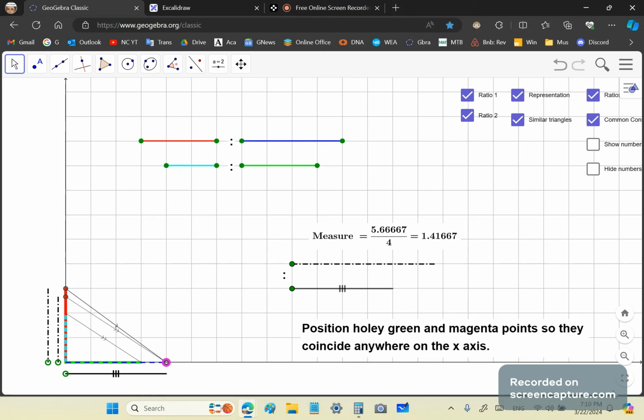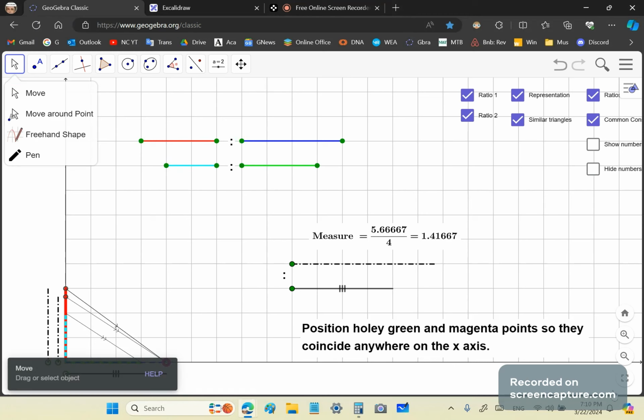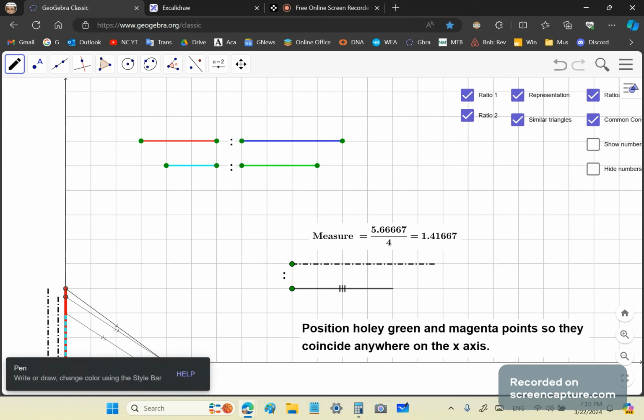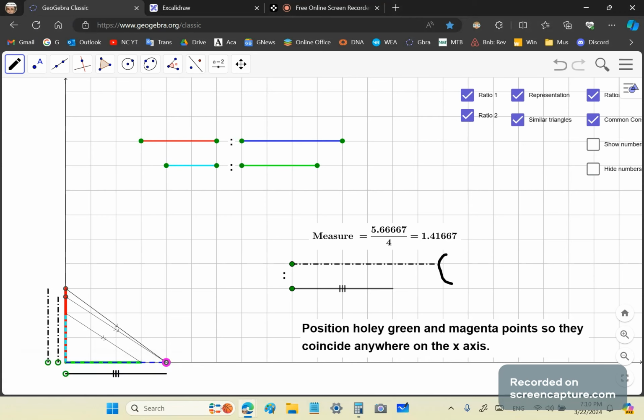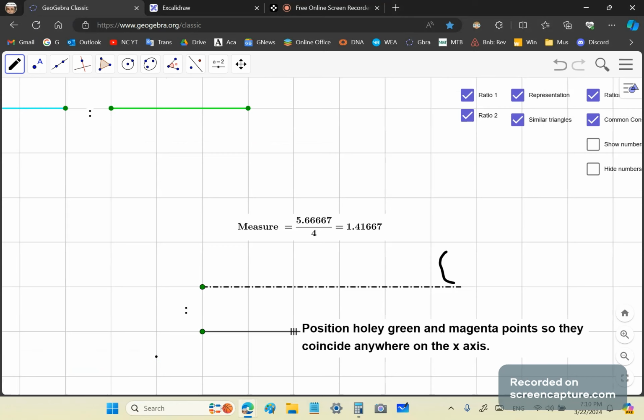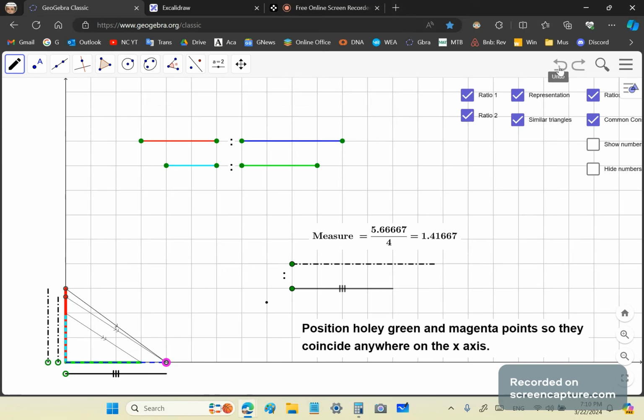This ratio here is the sum. Okay, very good.